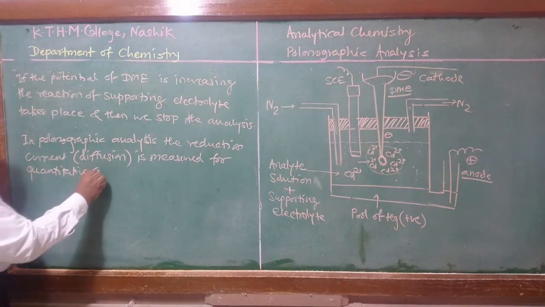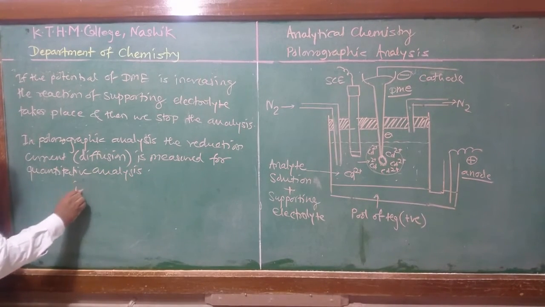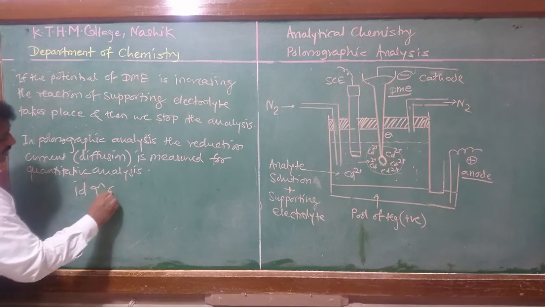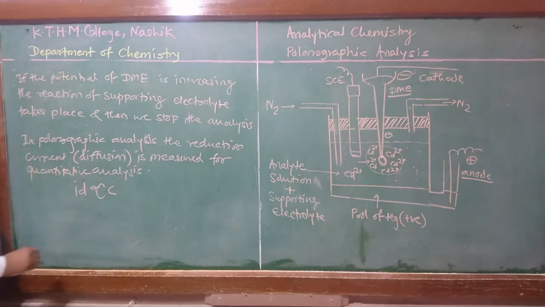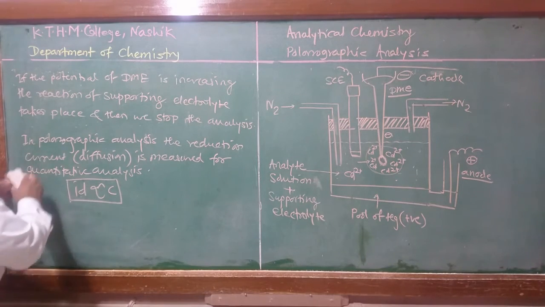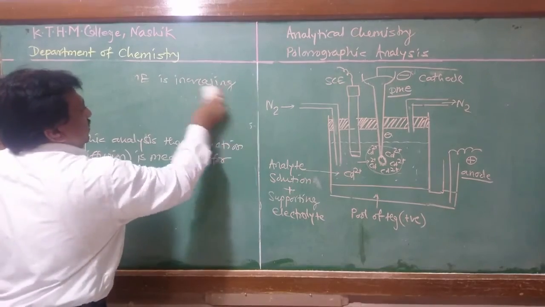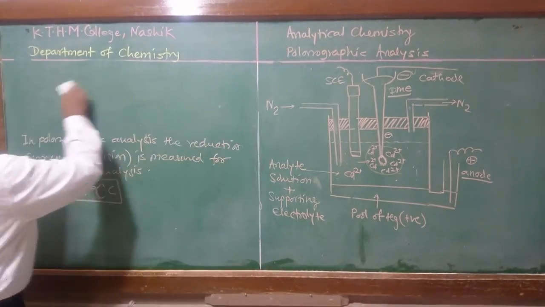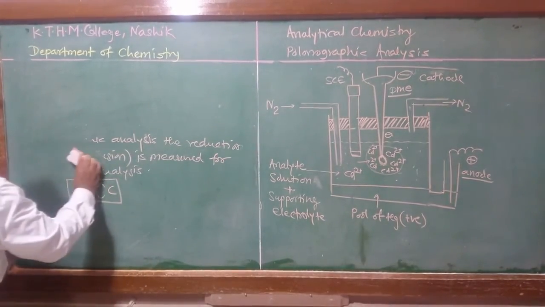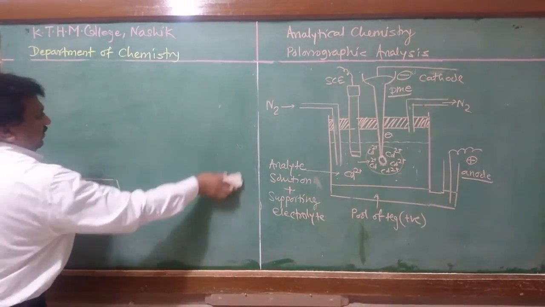And this current is directly proportional to concentration of the analyte which undergoes reduction at dropping mercury electrode. Then the concentration of the analyte in the sample solution is determined by using an equation and this diffusion current.